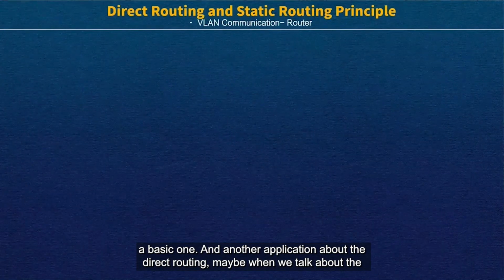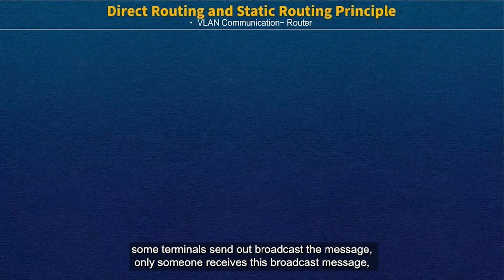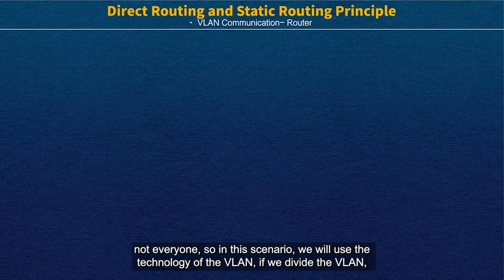And for another application of direct routing, when we talk about the principle of the VLAN, we know why we need the VLAN. We want to divide the broadcast domain. If some terminal sends out a broadcast message, only some terminals receive this broadcast message, not everyone. So in this scenario, we will use VLAN technology.